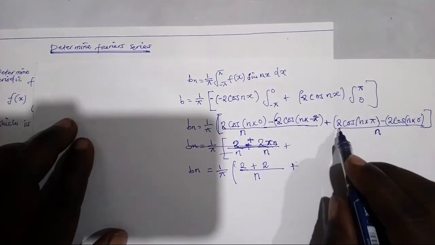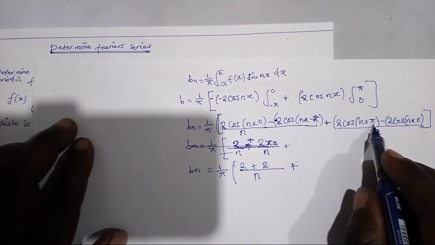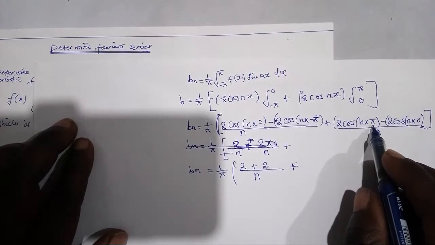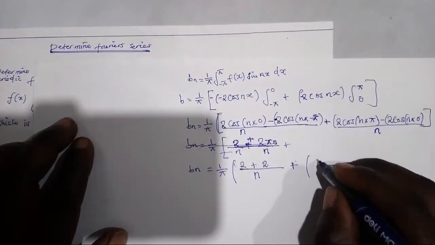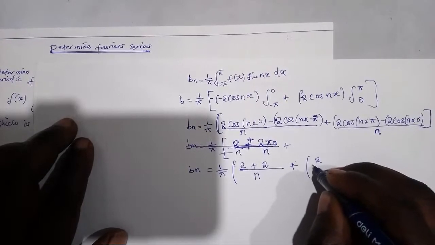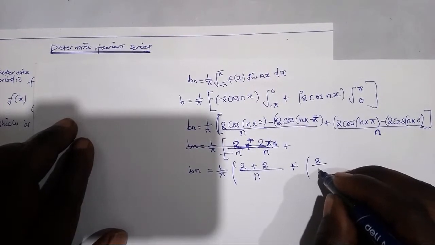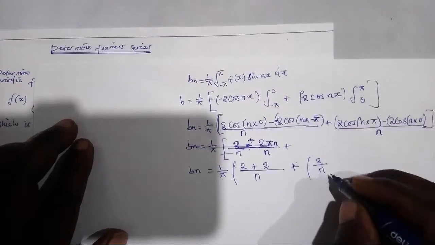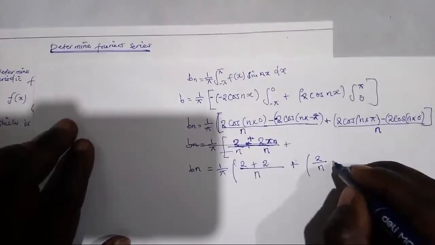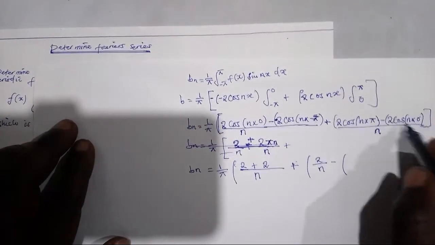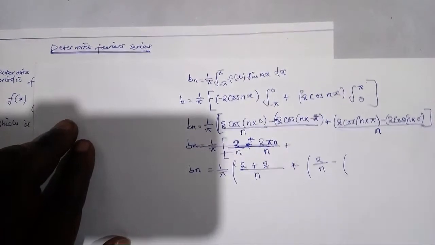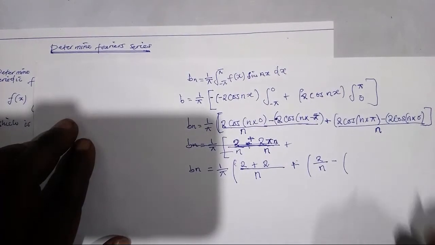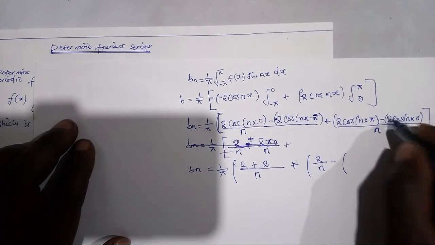Then plus, this one here is also 180, in which you are going to have 2 over n, then minus open bracket. Here cos 0, we all know that it is 1, okay? Here, this one we have a negative here.